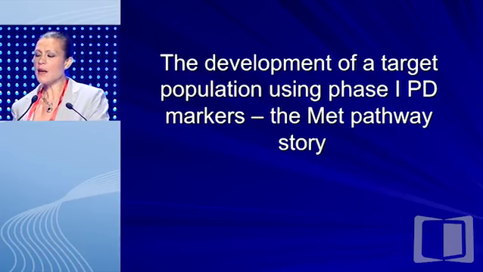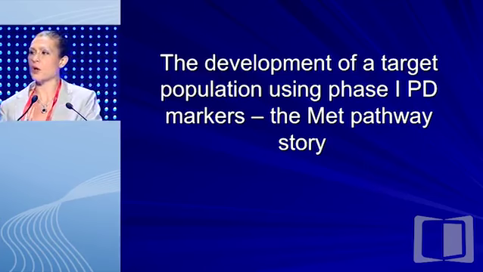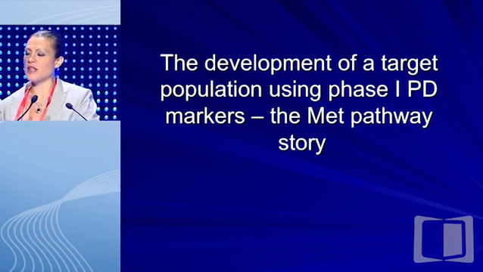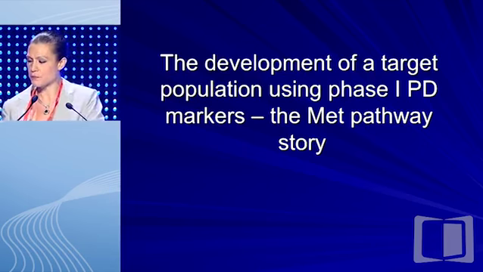So can we do even better for our patients based on this PD data that we've gotten? And here's another example of development of a phase 1 PD marker, so a PD marker that came out of phase 1 clinical trials and now has led into choosing that right patient population for phase 2 and phase 3 studies.